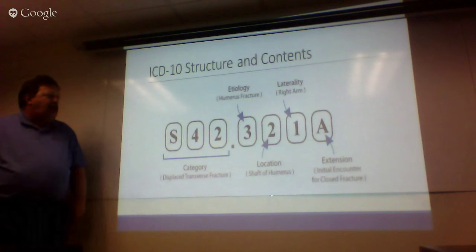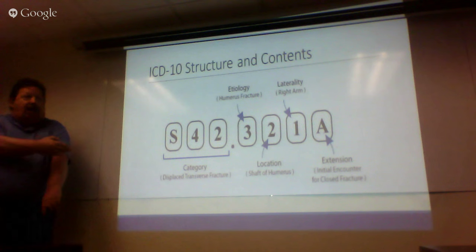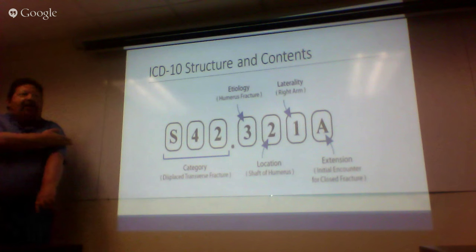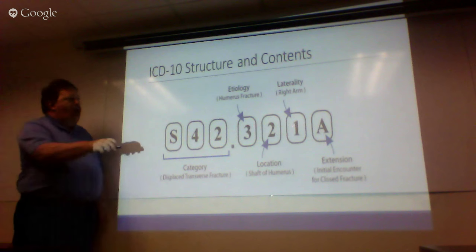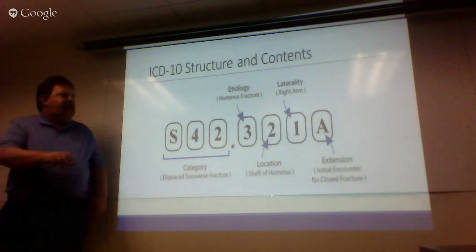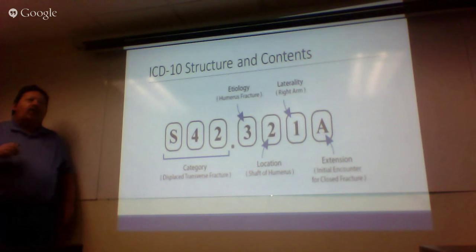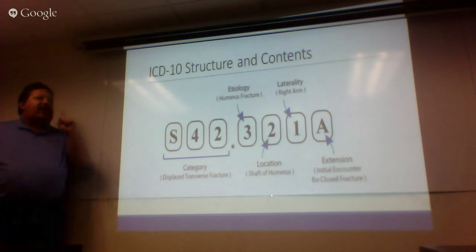The 2 says it's the shaft of the humerus, because the humerus has a head, a distal end, and a mid shaft. It says, oh, laterality, right versus left arm. And then finally, it says initial encounter. So we know that this injury was for me falling and breaking my arm and taking care of me right now.